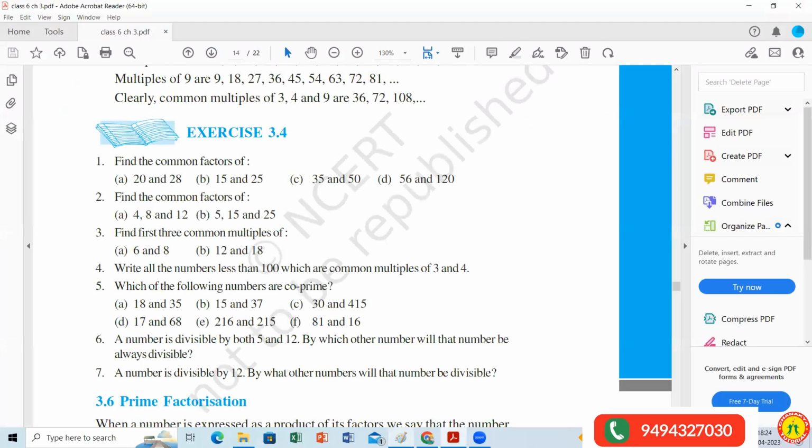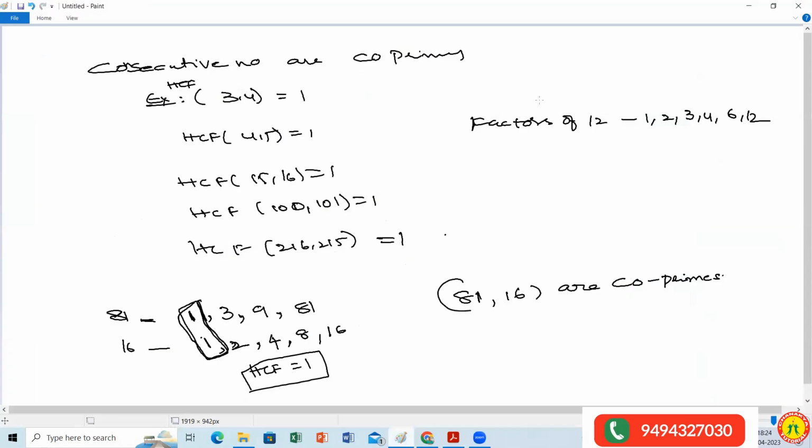It's always divisible by its factors, children. The number divisible by 12 is always divisible by the factors of 12. Therefore, the number is divisible by 2, 3, 4, 6 and 12.